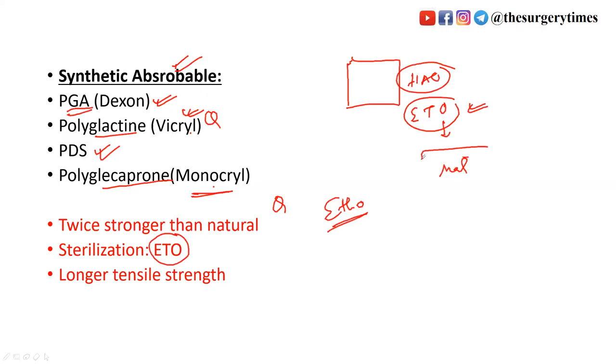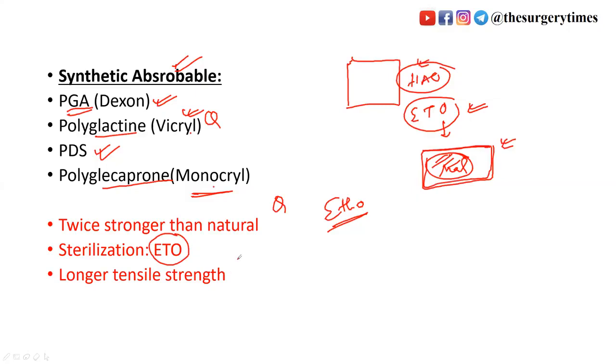This is the main difference between hot air oven and ETO. In ethylene oxide, materials like gauze, gowns, all the materials we are using are covered and kept inside. Otherwise, in hot air oven, you can keep them directly. So this is the way to identify the instrument in pictorial form.